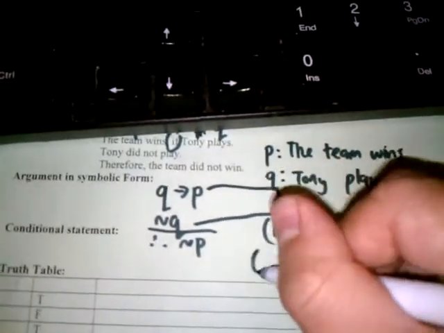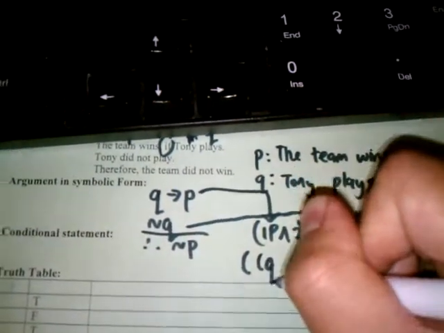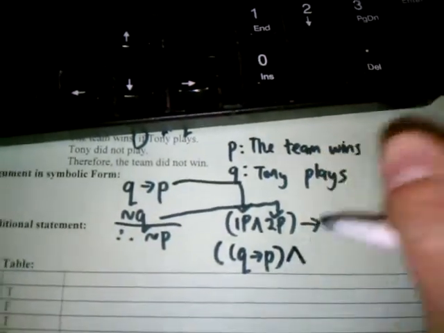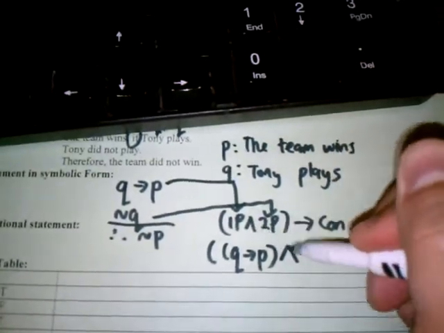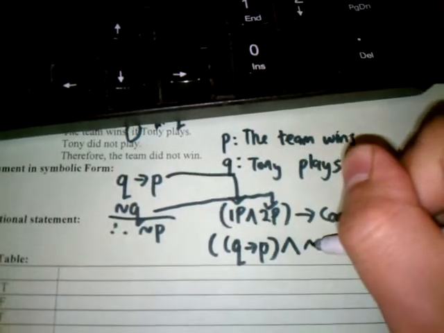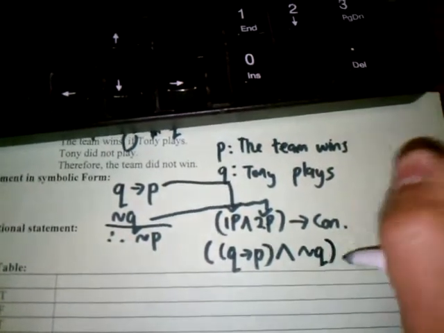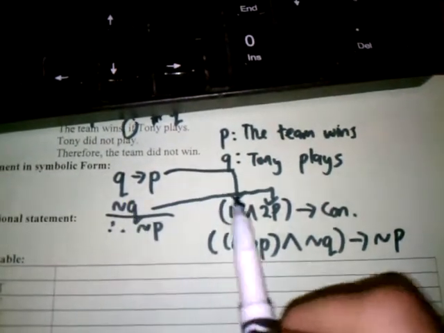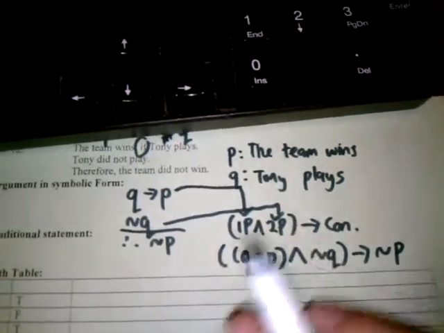So the first premise in this case is Q arrow P. Then we have the and symbol. The second premise is negation Q. And this goes to the conclusion, which is negation P.